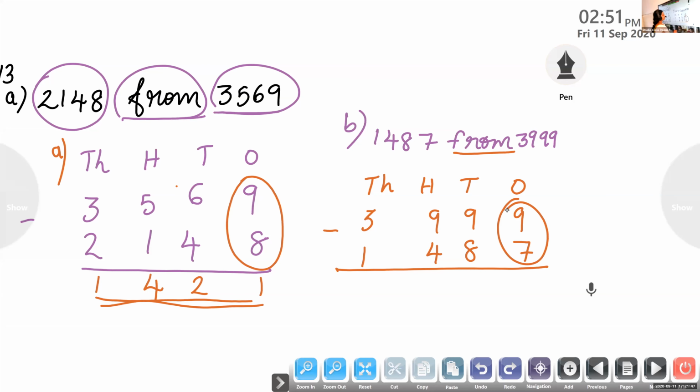Next question, we can do B. 9 minus 7. Take 9 fingers. Close 7 fingers. How many fingers are remaining now?